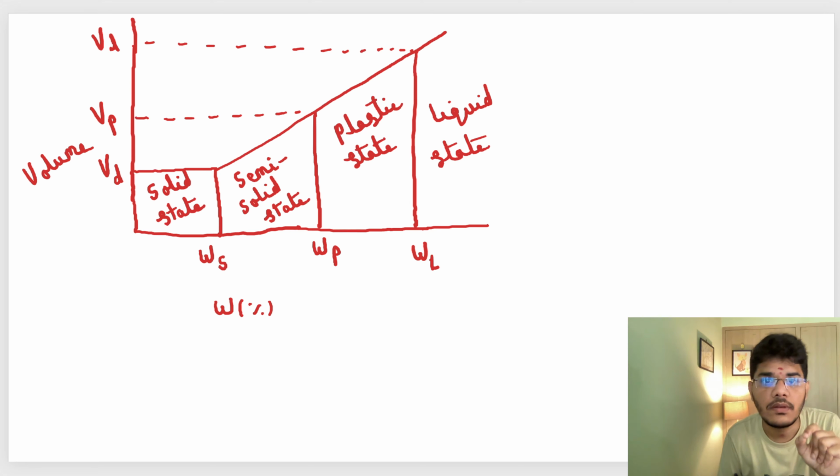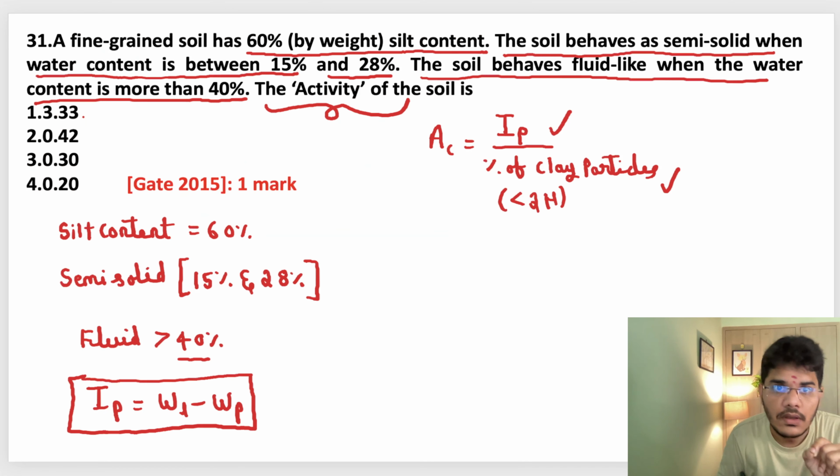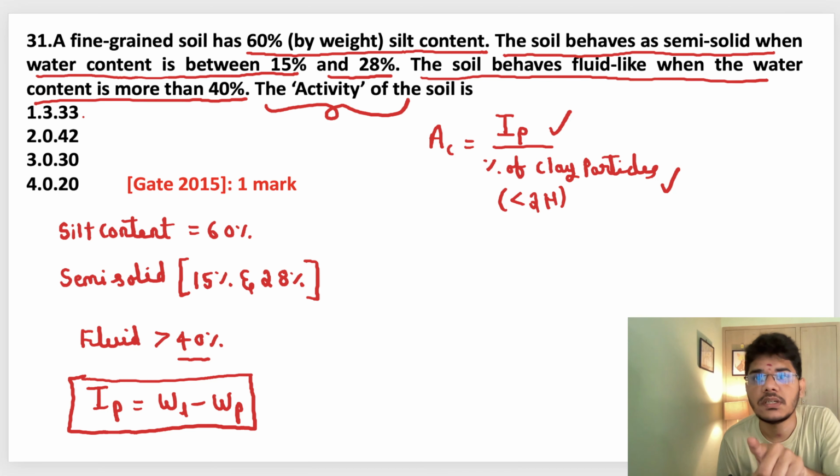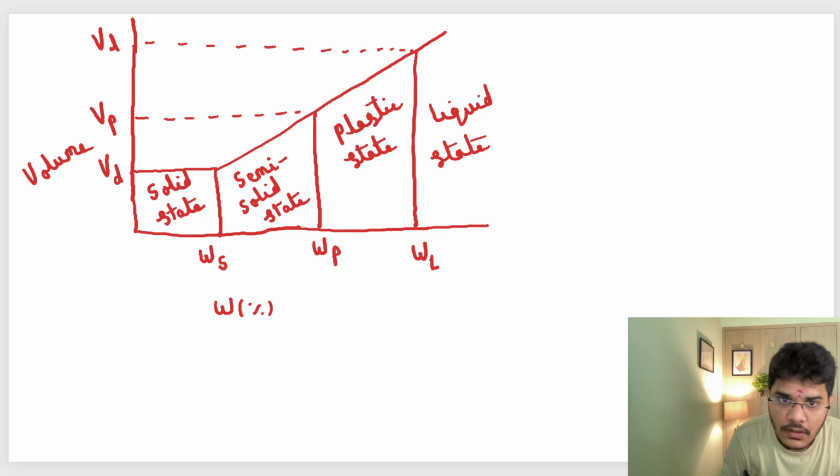What has he given? Between 15% and 28% the soil behaves as semi-solid. That means this will be 15% and this will be 28%.